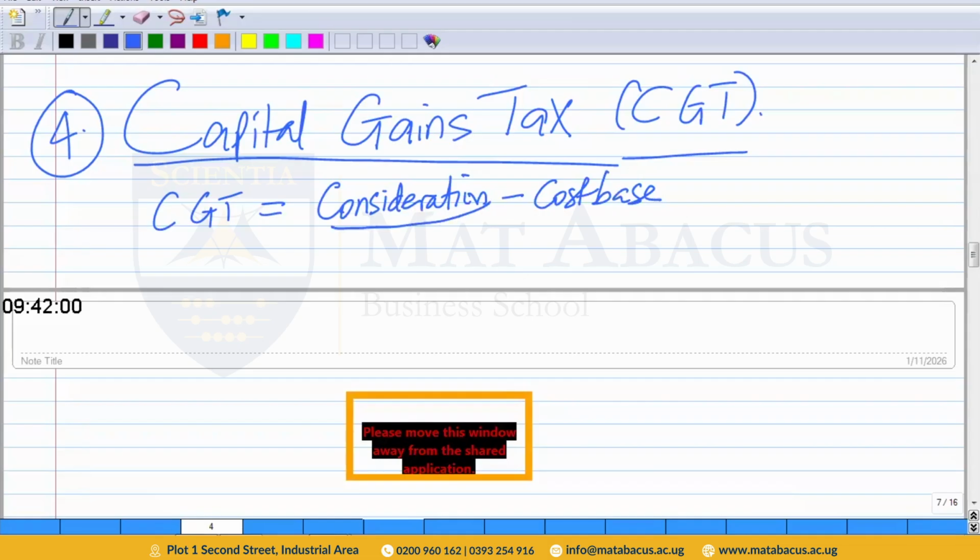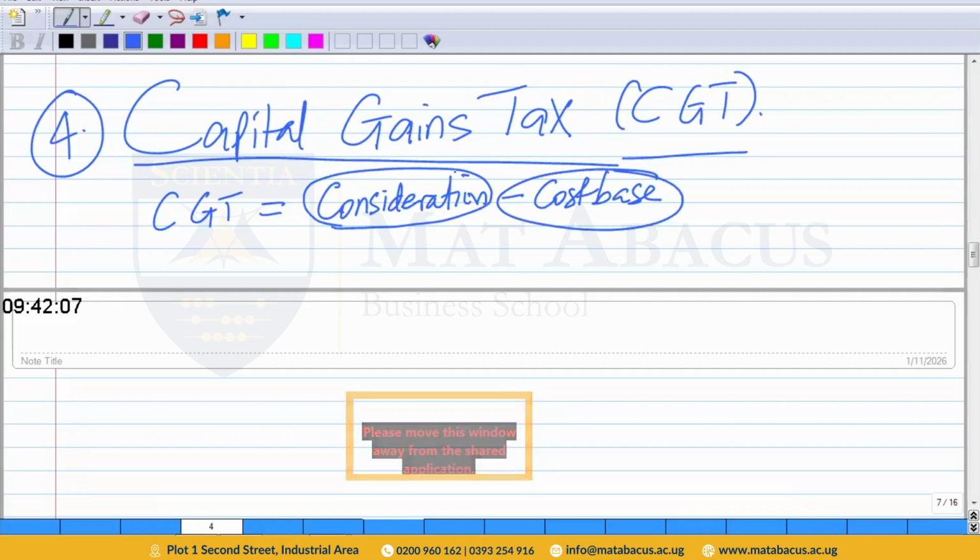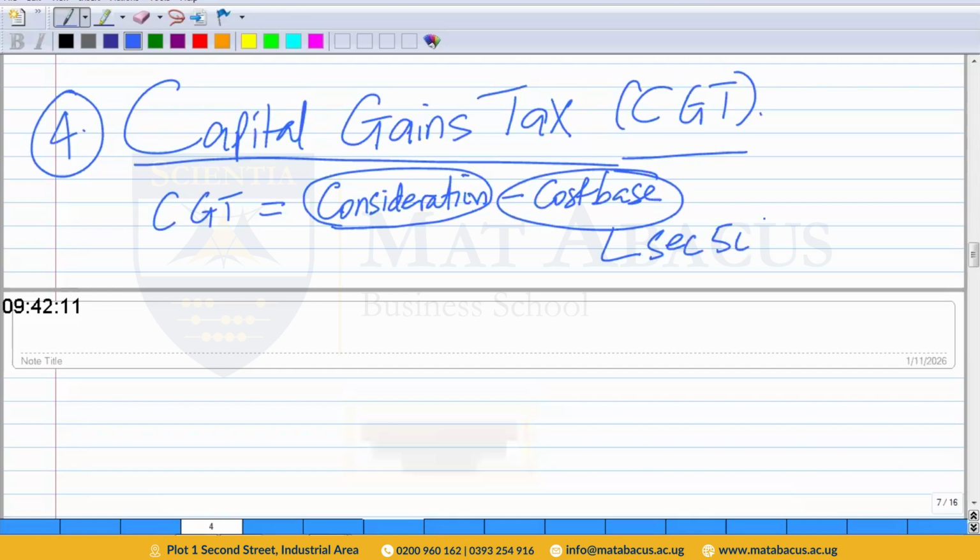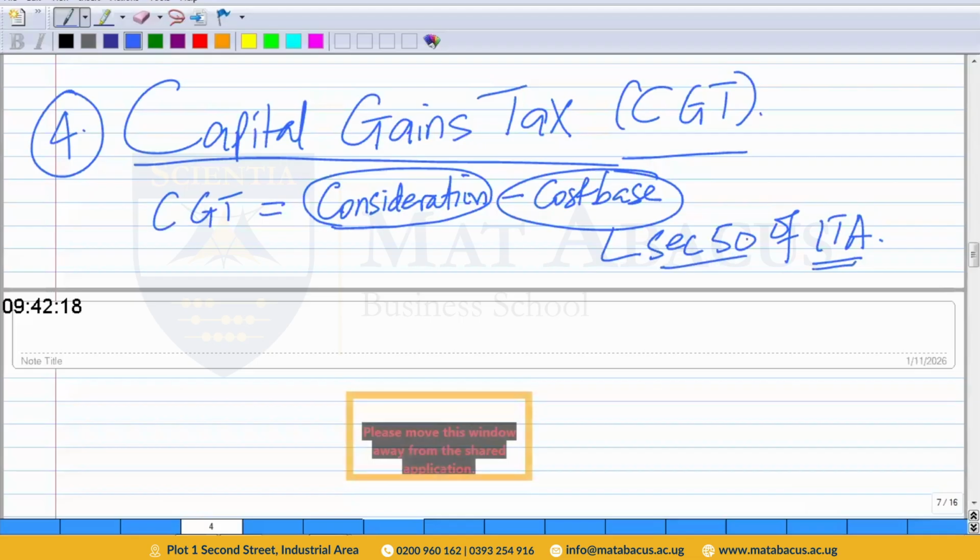So we shall look at what constitutes consideration and what constitutes the cost base. This one is under Section 50 of the Income Tax Act. We shall look at the act and see how we pick the cost base.